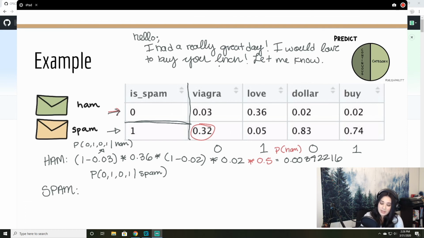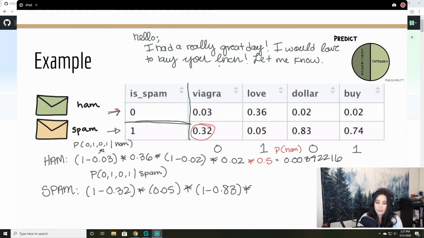So we're looking at this row now, the one where the emails are spam. And the probability of not seeing the word Viagra is 1 minus 0.32, and then times the probability of seeing the word love, which is 0.05, times the probability of not seeing the word dollar, so that's 1 minus 0.83, times the probability of seeing the word buy, which is 0.774.